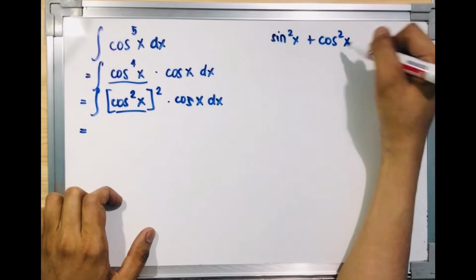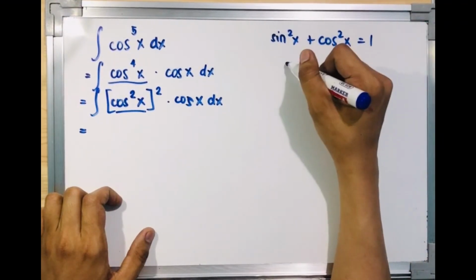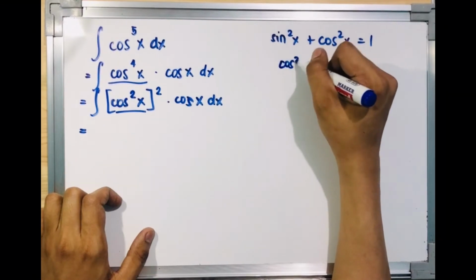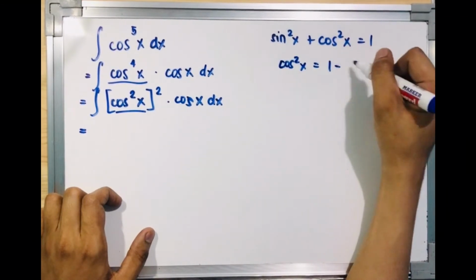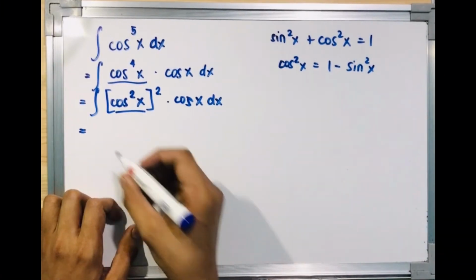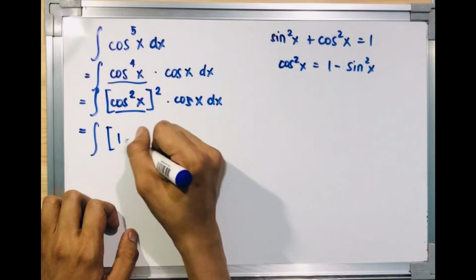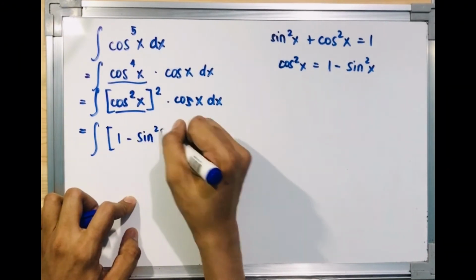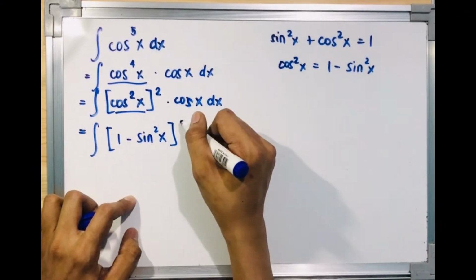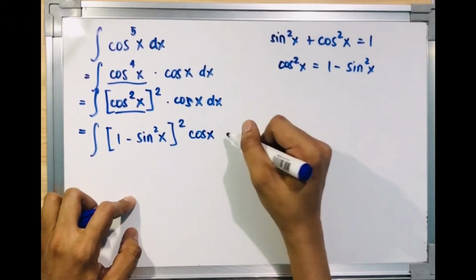Huwag tayong magsawang isulat to para maalala natin siya. So, my cosine squared of x is equal to 1 minus sine squared of x. Ipapalit ko na siya dito sa nasa loob ng brackets. So, I have my 1 minus sine squared of x. Naka-square siya. And then my cosine of x is still cosine of x.